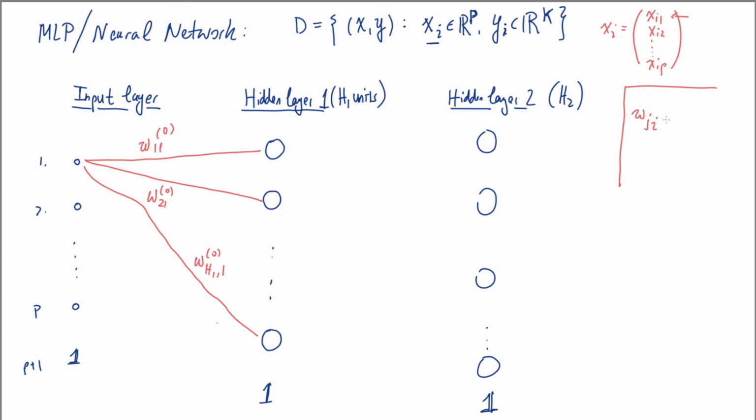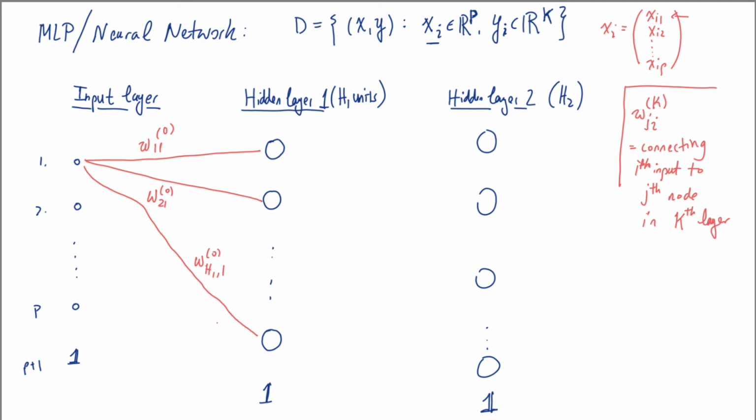Wji for k, this means the weight connecting ith input to jth node in kth layer.